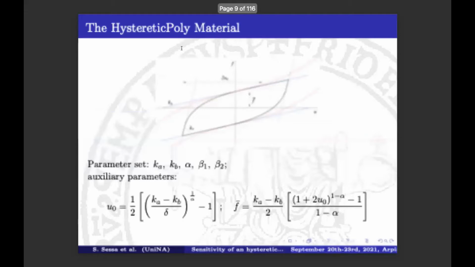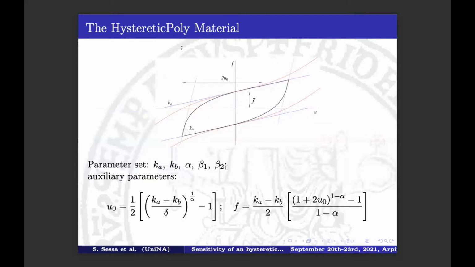These are a few equations just to fix the ideas. Actually, U0 and F are 2 auxiliary parameters depending on these 5 constitutive ones, Ka, Kb, alpha, and beta 1 and beta 2. Actually, this is the kind of hysteresis that we can get.